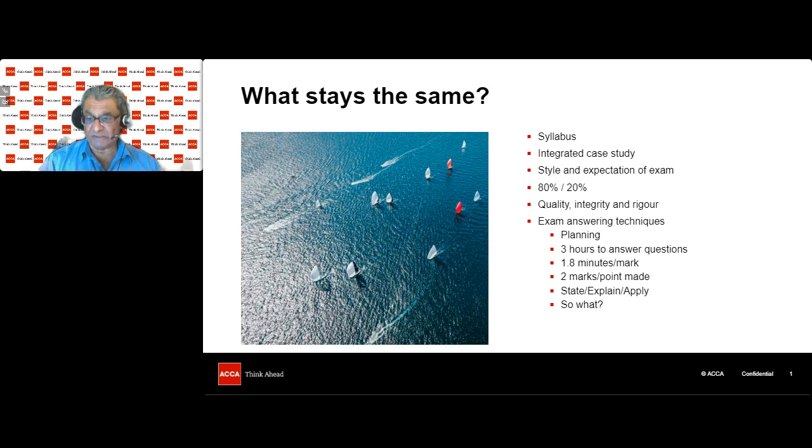The 80%, 20% split of marks between technical and professional skills hasn't changed. Quality, integrity, and rigor, same thing. Standards have not been reduced, so be aware of that.